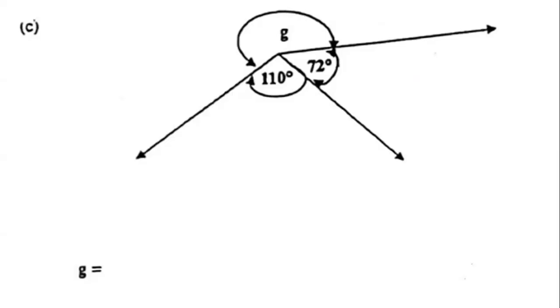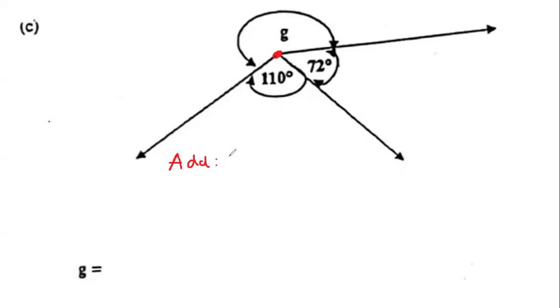So quick recap on how we did it. We know that angles around a point must add up to how much? 360 degrees, right? The first thing we do is add.